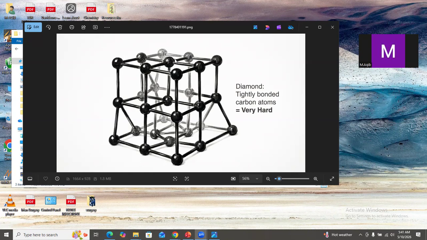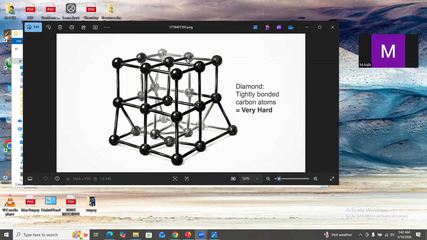One carbon atom is combined to four different carbon atoms, just like this, and they are very tightly bound together. And because they are very tightly bound together in a covalent bond, the boiling point and the melting point of diamond are quite high, and it's also very hard in texture.